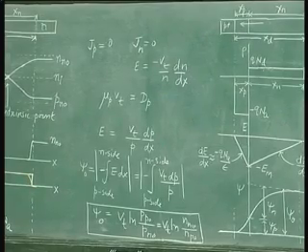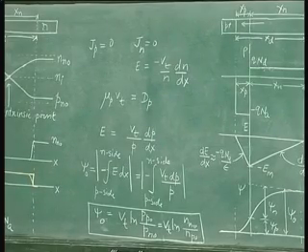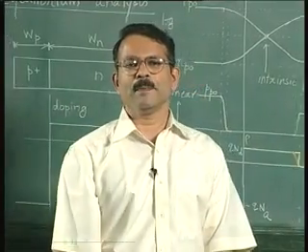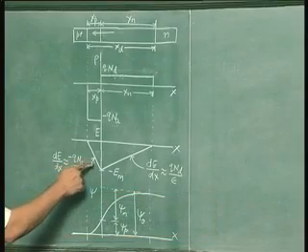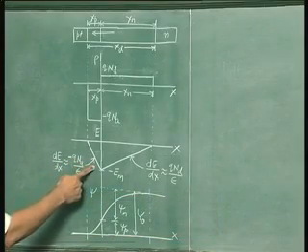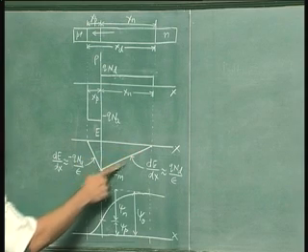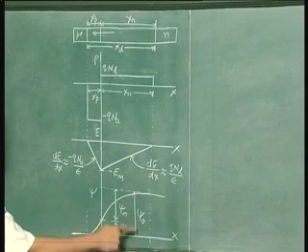Next, we need to determine the depletion width. Once we know psi naught, how can we determine the depletion width and the peak electric field? For this purpose, we need to go to the electric field versus X diagram. Let us look at this diagram. The area under this electric field picture is the built-in potential psi naught.